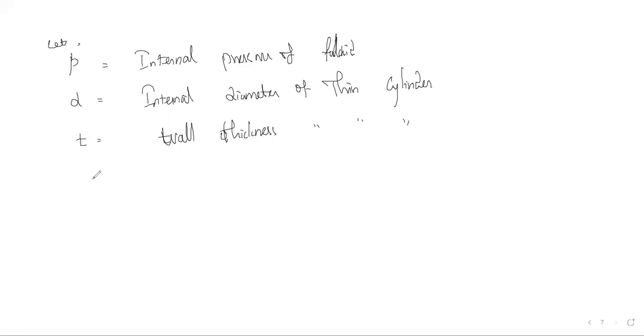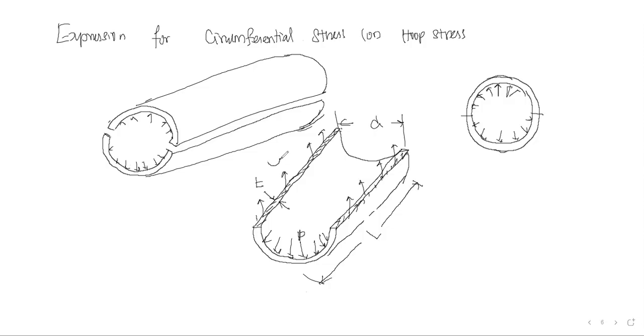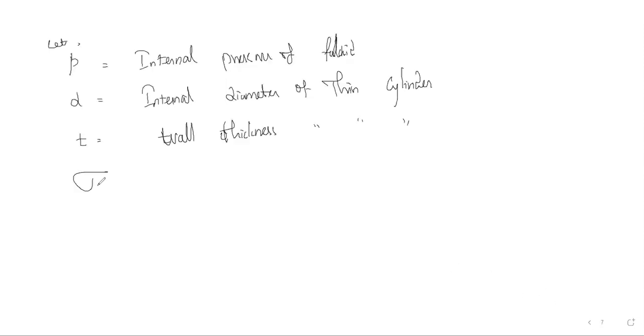Then the stress acting here we are going to denote by sigma 1. So sigma 1 is equal to the circumferential stress or hoop stress of the material.